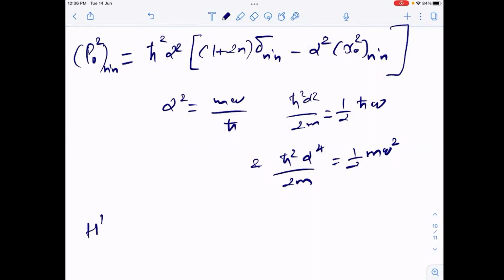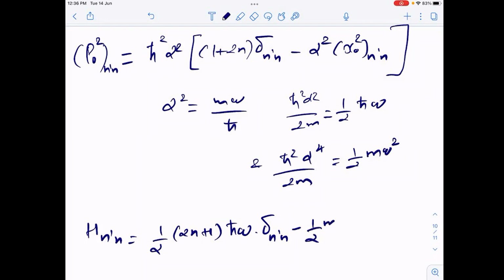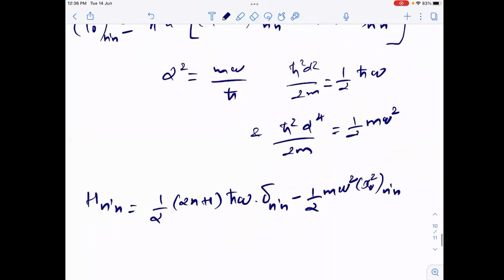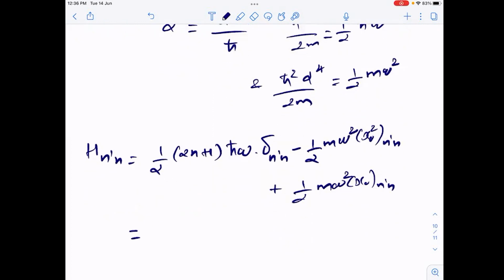So it will turn out to be, if we substitute all these terms, H n dash n is equal to 1 by 2 into 2n plus 1 h cut omega into delta n dash n minus 1 by 2 m omega square x0 square n dash n plus half m omega square x0 square n dash n, which will lead us to further simplification. What is left now?